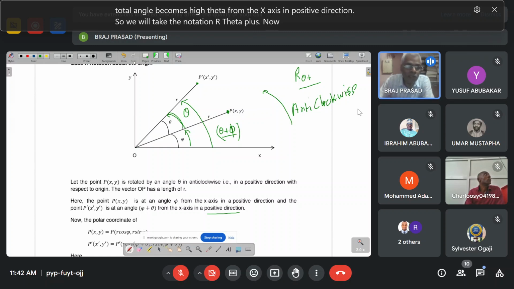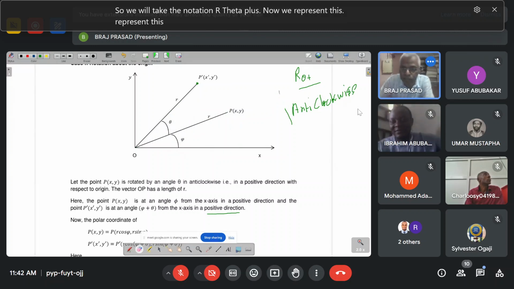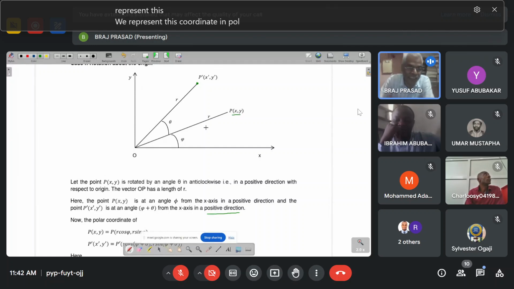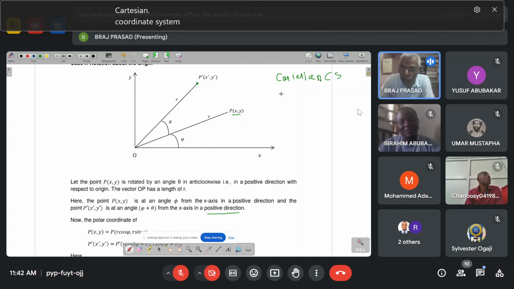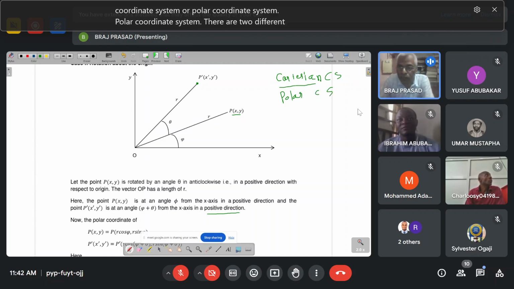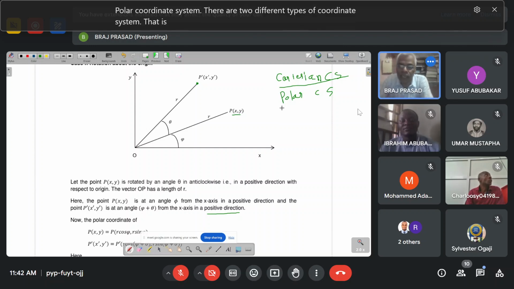Now we represent this coordinate in the polar system. As we know, the coordinate of any point can be represented in either the Cartesian coordinate system or the polar coordinate system. There are two different types of coordinate system, Cartesian and polar.